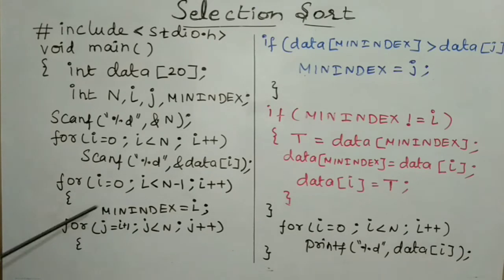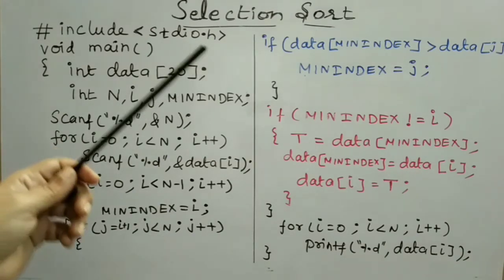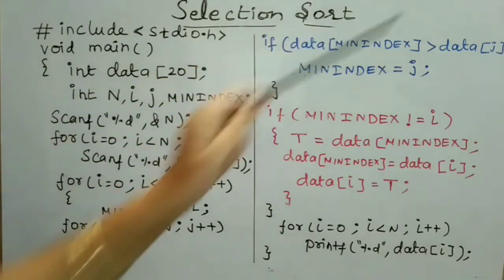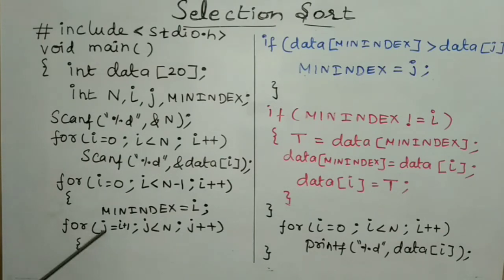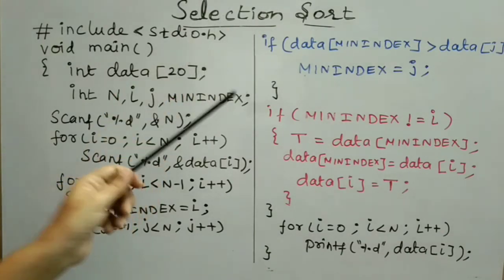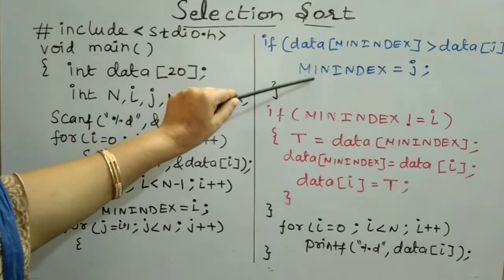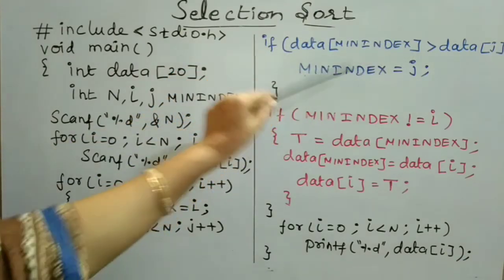The value in the minimum index position is compared with all the subsequent values, starting from index position i plus 1 to n minus 1. In the comparison procedure, the value in the minimum index is compared with the value in the subsequent index position specified by j. If the value in the minimum index position is greater, then minimum index takes the index position of j.